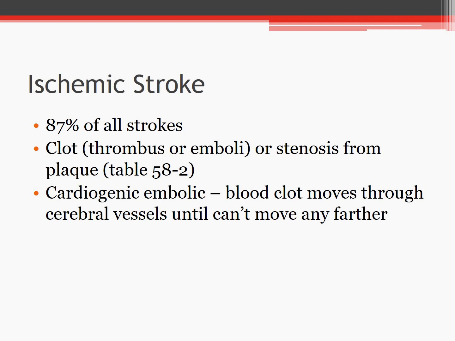An emboli typically has a lot more sudden and intense neurological deficits as compared to a thrombus, which is a blood clot, that would have a more gradual onset. And so there is a chart that you guys can look over on page 1391, but remember that on this particular chart we are focusing on just the ischemic type of stroke.